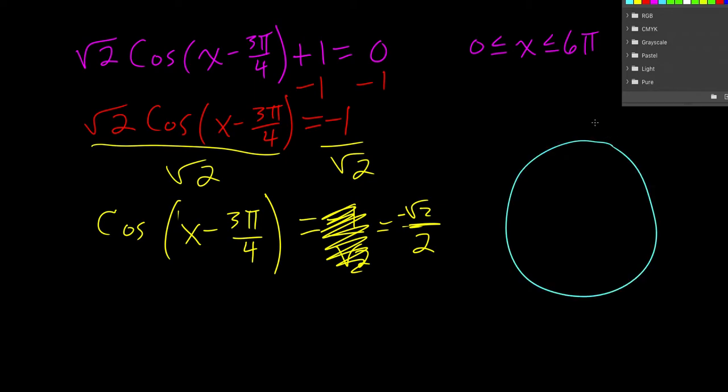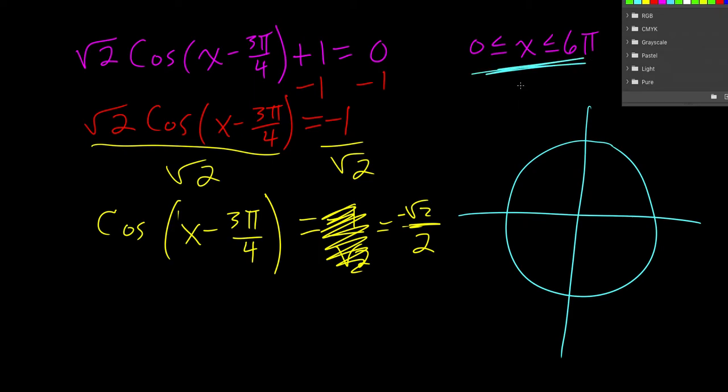Now we draw our unit circle, and I guess before we do the unit circle we need to modify this. And so it's x minus 3 pi/4 right here. We have our less than or equal to signs. And then we need to do 6 pi minus 3 pi/4.